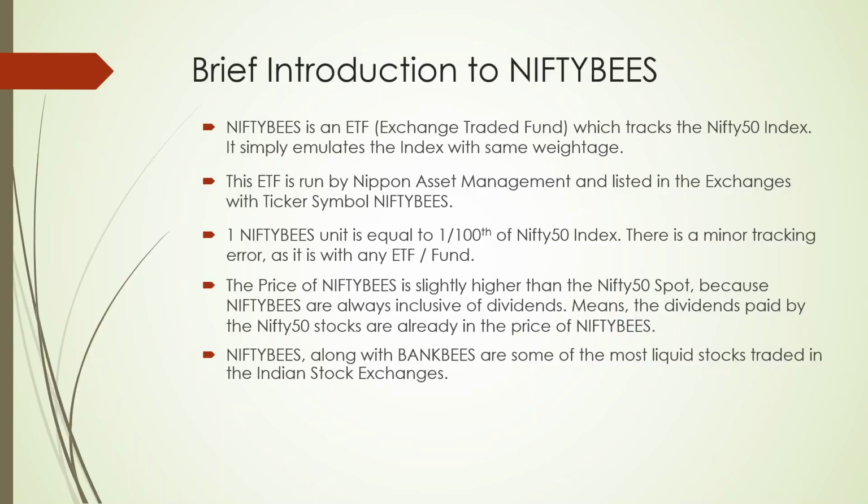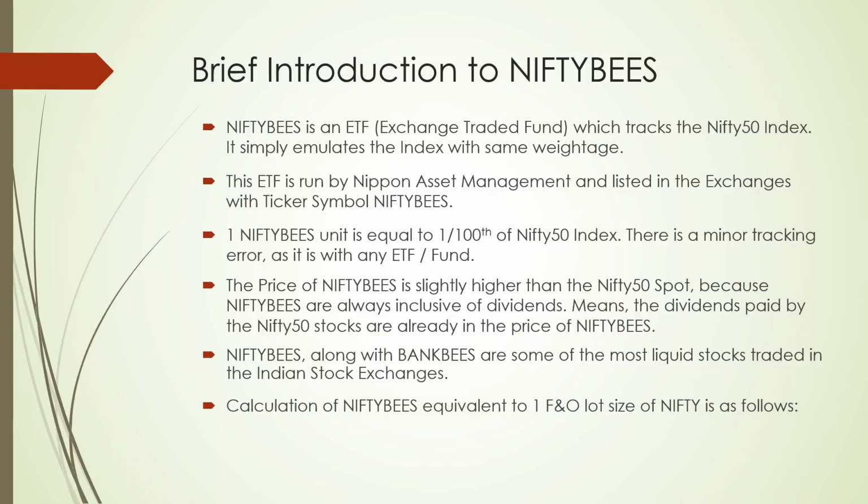All those are very illiquid, especially Junior Bees and ICICI. I have them in my portfolio, that is why I know the liquidity. They have very poor liquidity. But Nifty Bees and Bank Bees are among the most liquid ETFs traded on the Indian stock exchange. The volumes are in millions every day.